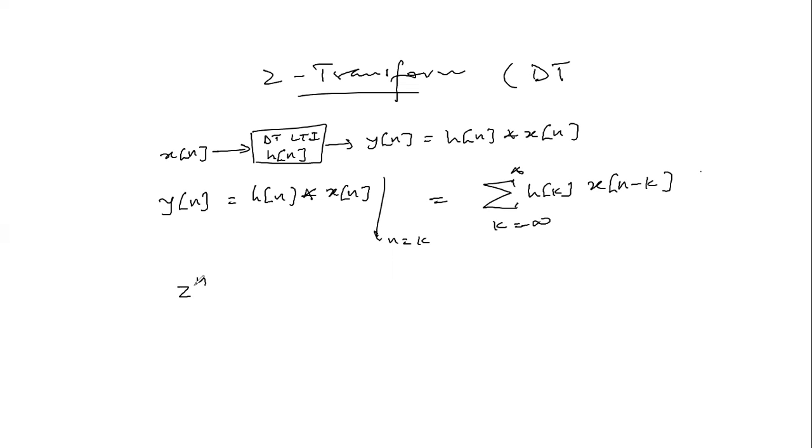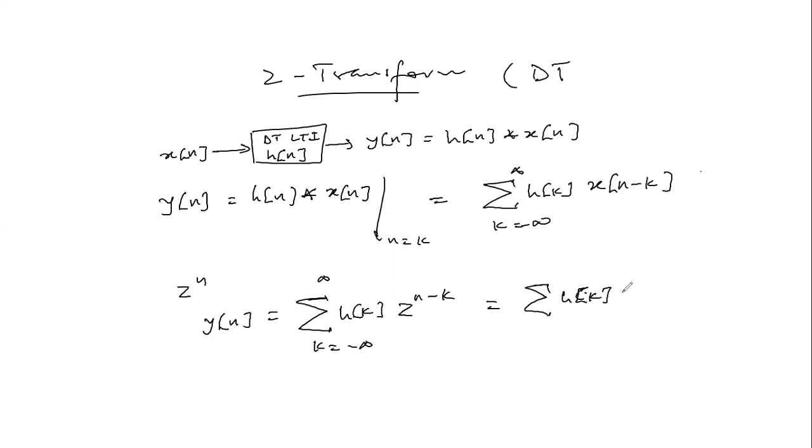So this function being a complex exponential sequence, we can now say that y of n is the same as the sum of h of k, z to the n minus k, for k equal to negative infinity to positive infinity. And this is the same as sigma h of k, z to the n, z to the minus k.